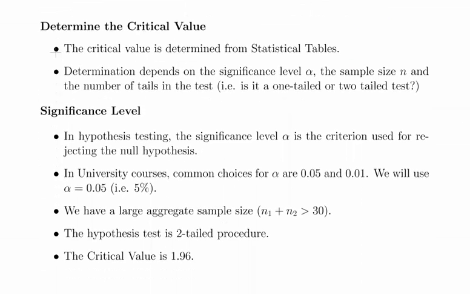Now for the critical value, I'm not going to go into so much detail on this because there's quite a lot of work here, but you will be doing similar work with regard to confidence intervals.